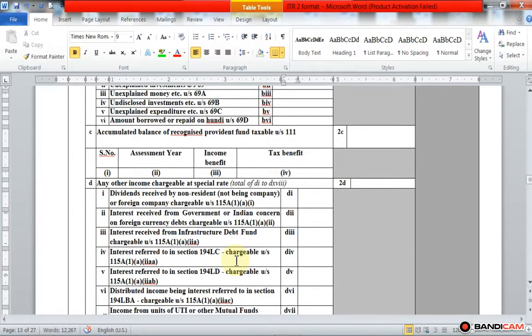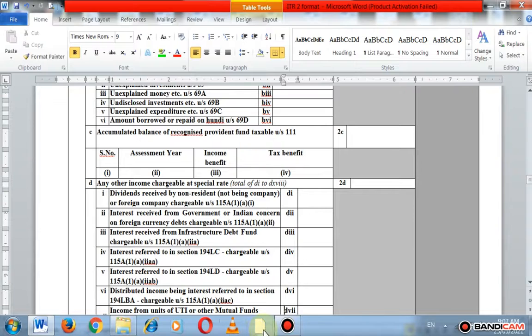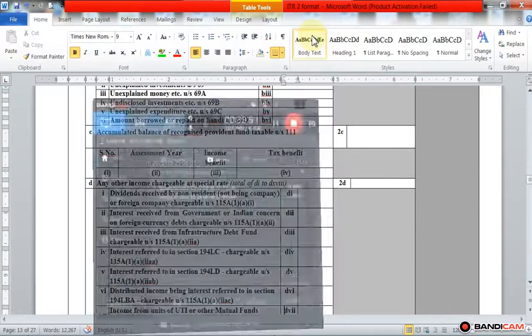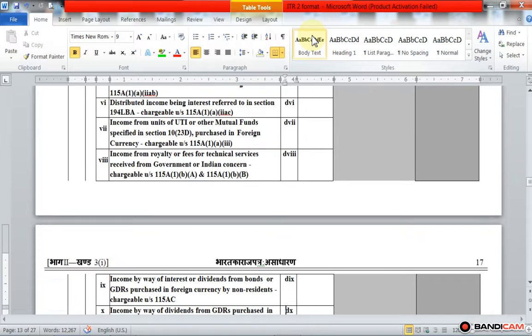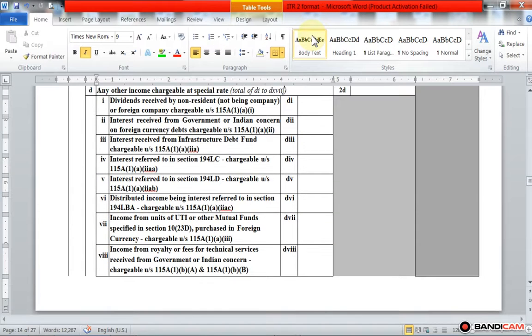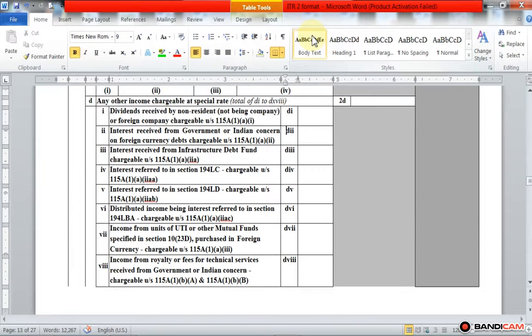Then assessment year, income benefit, tax benefit is given here. Any other income chargeable at special rate. Here the list of other income is given, and there is no need to read this information.